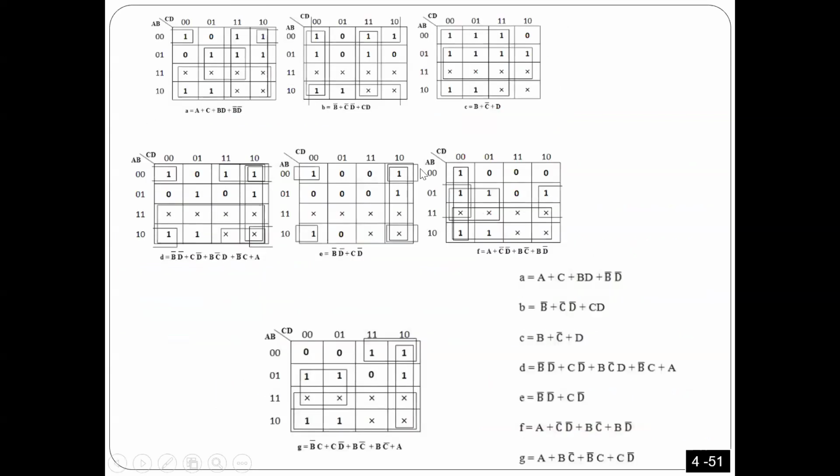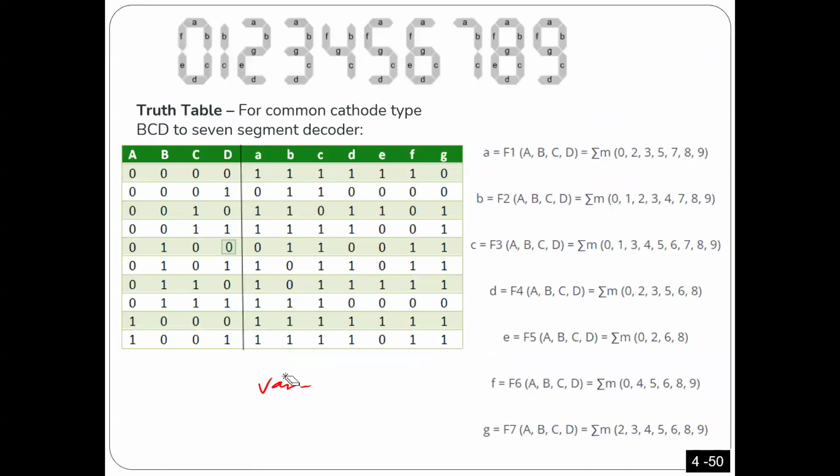So this is the map of A, corresponding with this one here. But keep in mind, we should have numbers from 0 to 15, but because the input is BCD, the input has to be up to 9.